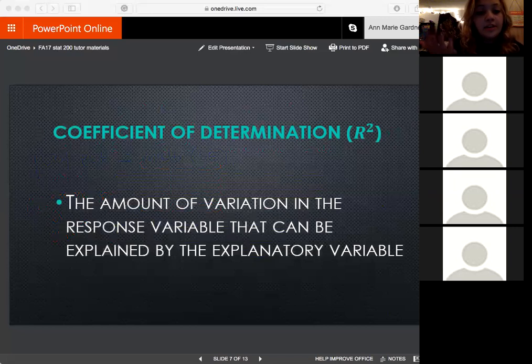Remember, the explanatory variable is our independent variable. So that's explaining our response variable, which is dependent on our explanatory variable. If we square r, that's how you're able to find this. And it'll give you a decimal, obviously, which you can transfer to a percent.